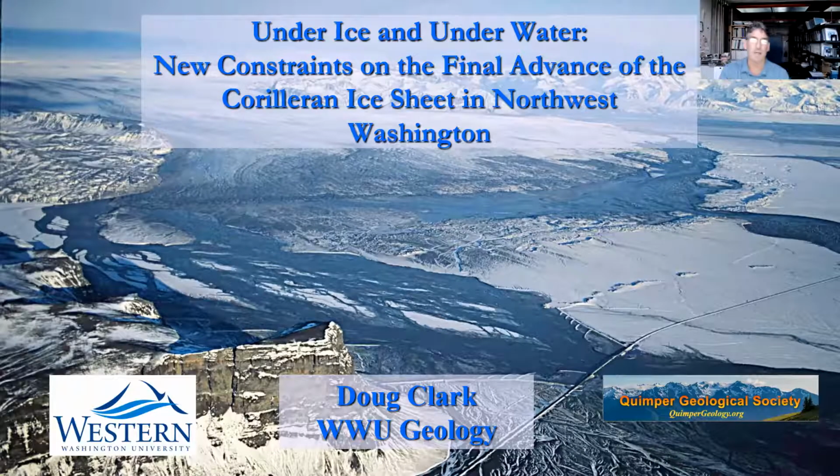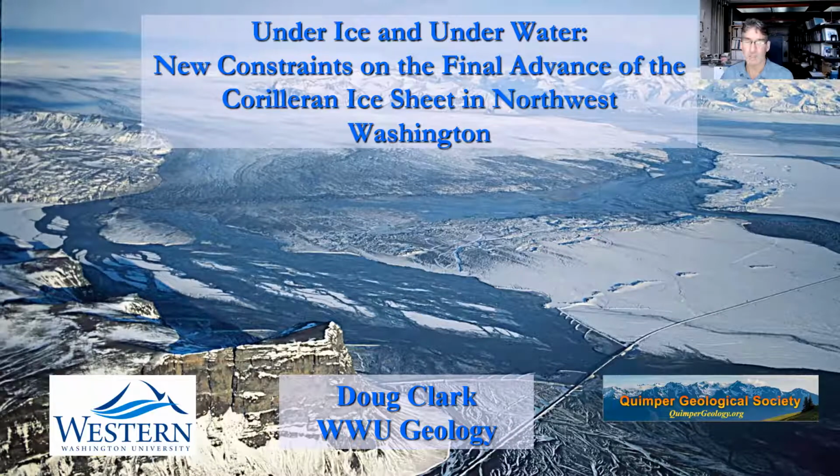As Michael mentioned, we've got this title. This is a study I've been working on for quite a while on some constraints on this last readvance of the Cordilleran ice sheet right up in our backyard here in Bellingham and Whatcom County. It's got some unique aspects in that this readvance spanned the international boundary, which wasn't there, of course, at that point, but it is there now, and that has led to some of the disagreements about what's going on with this advance.